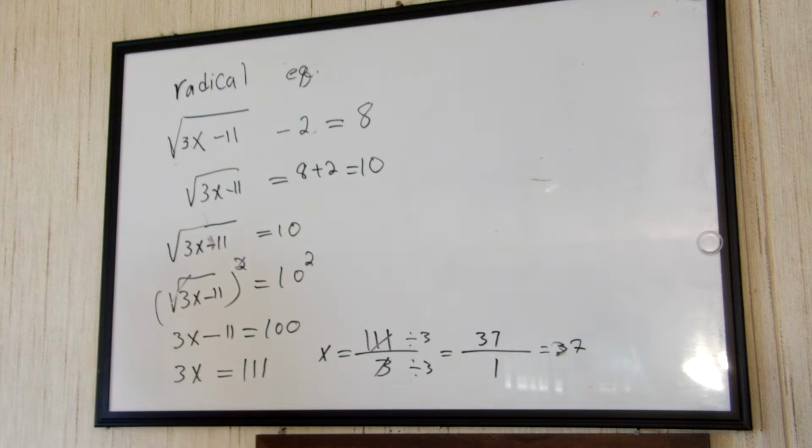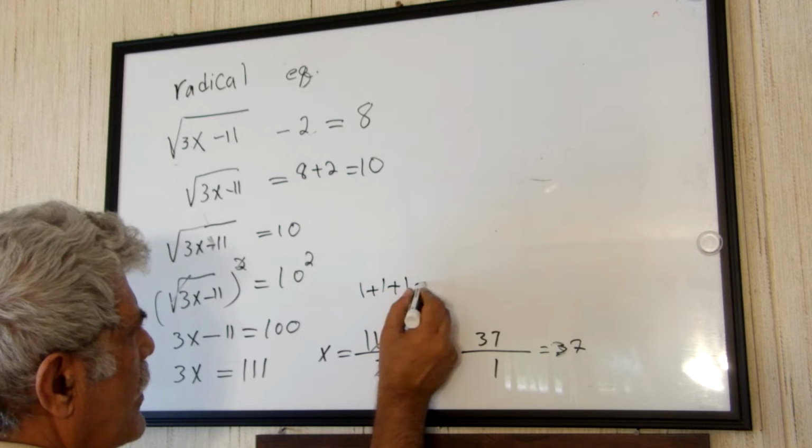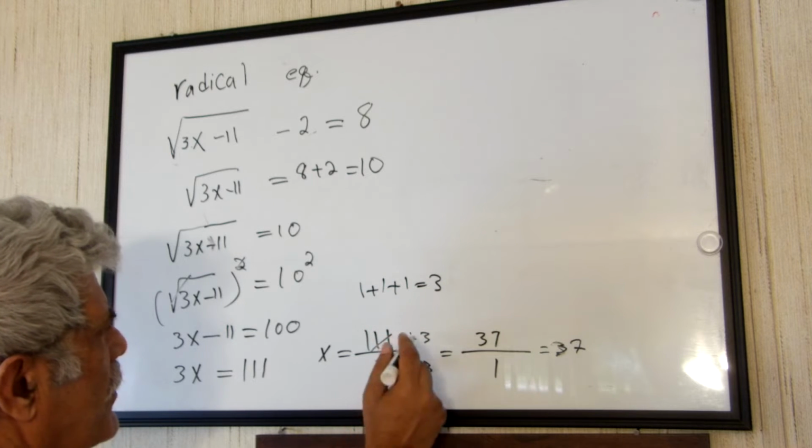The reason it's divisible by 3 is that if you add the digits, the sum is divisible by 3.